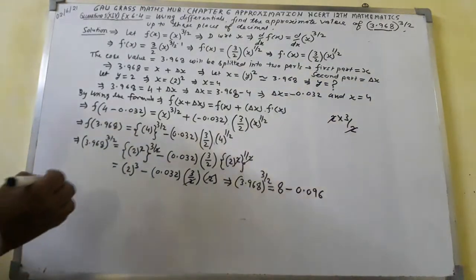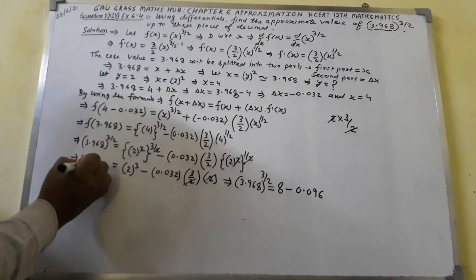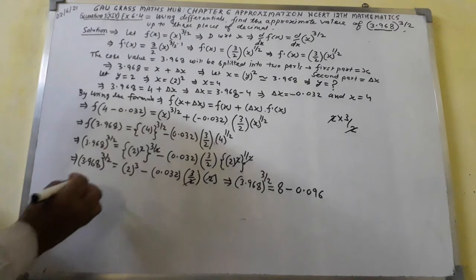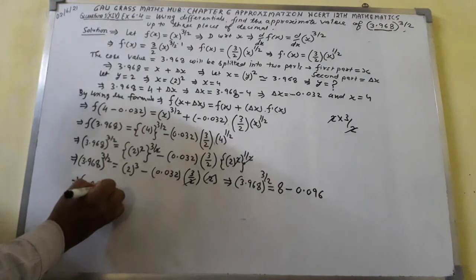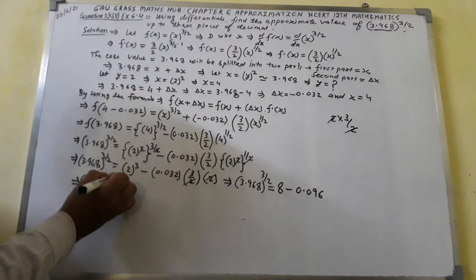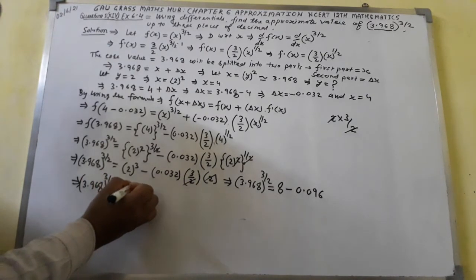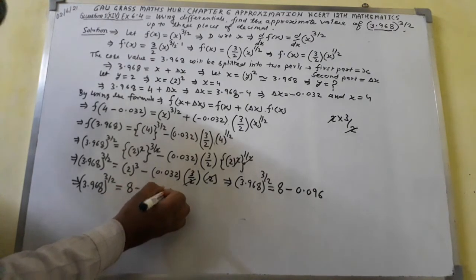So what we will do here, again I shall write, implied that 3.968 raised to the power 3 over 2 equal to 8 minus 0.096.